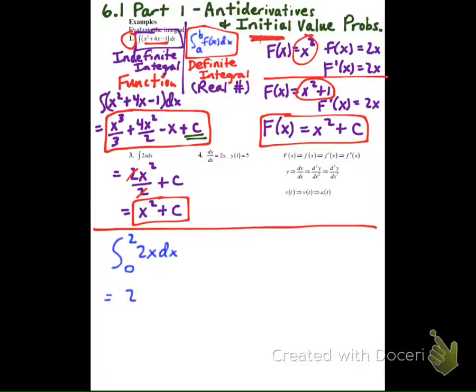Okay, we'd get, not at 2, but we'd get x squared plus c, and then we'd evaluate that from 0 to 2. Okay, well, if we evaluate that from 0 to 2, we would get 2 squared plus c. Now that c would just be some constant. It would be a number that's fixed, okay?